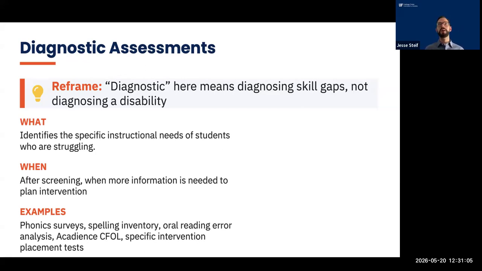We don't endorse any particular curricula or program, but many good evidence-based intervention programs will have students take a test in order to place them in a lesson within the lesson sequence.